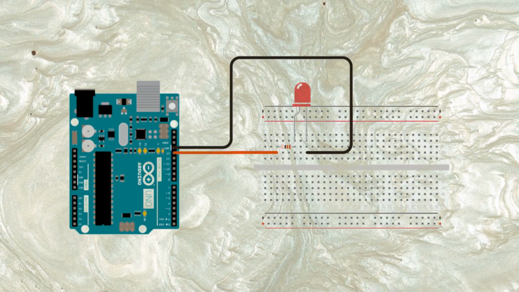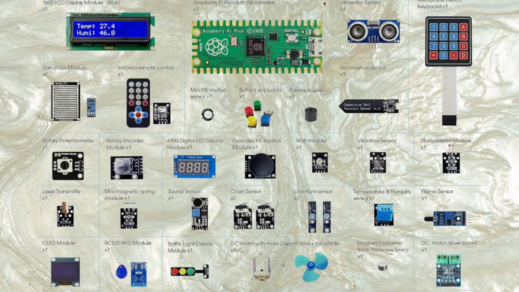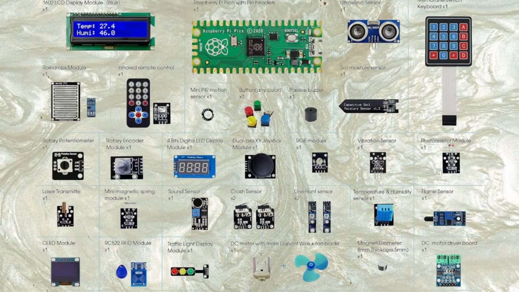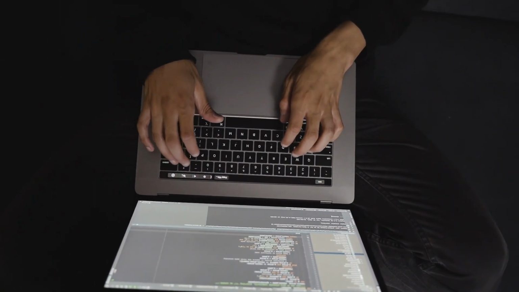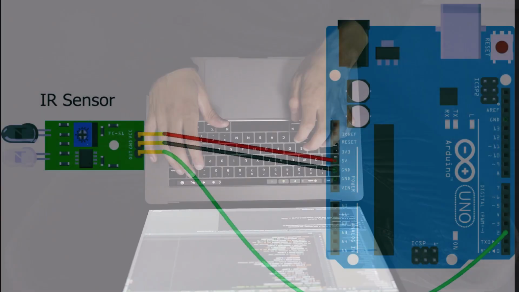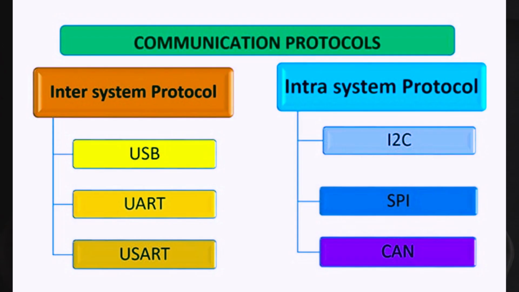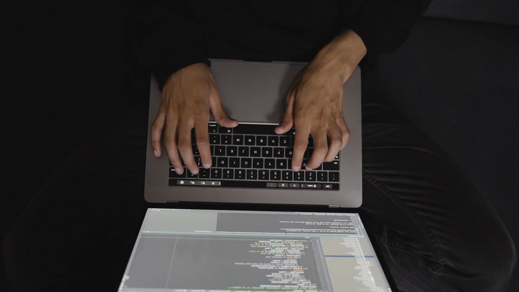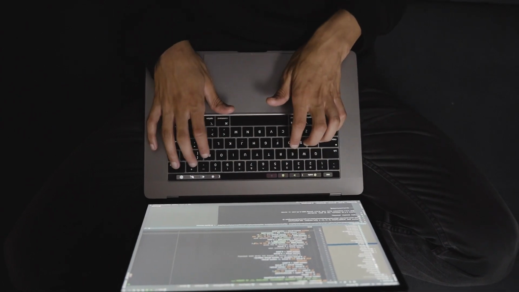Begin by blinking LEDs, reading digital and analog inputs, and controlling various output devices. As you become more comfortable, explore more complex projects involving sensor interfacing, motor control, communication protocols, and data acquisition. Experiment with different microcontroller families and development environments to broaden your skills and knowledge.